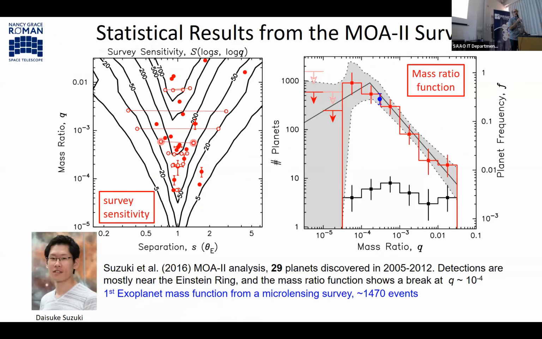But there's a scaling with the Einstein radius, and if you don't have additional information besides the raw light curve, it can be more difficult to determine host star masses. And so the straightforward way of analyzing a microlensing sample is to focus first on the mass ratio and then get the host masses for the events where it can be measured.